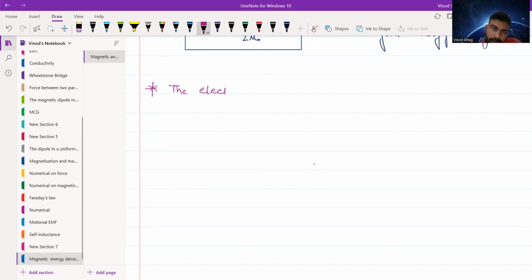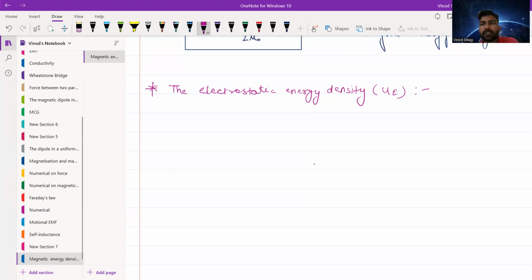The electrostatic energy density, and it is denoted by UE.